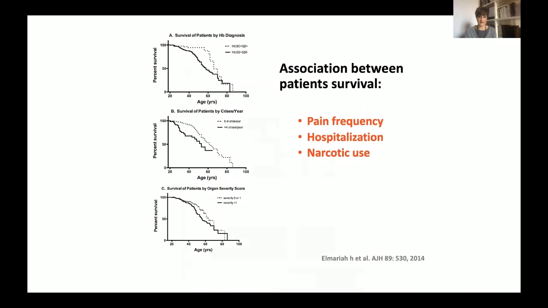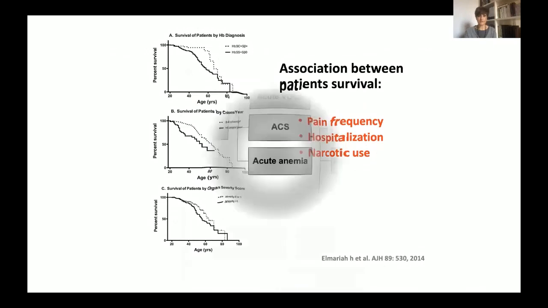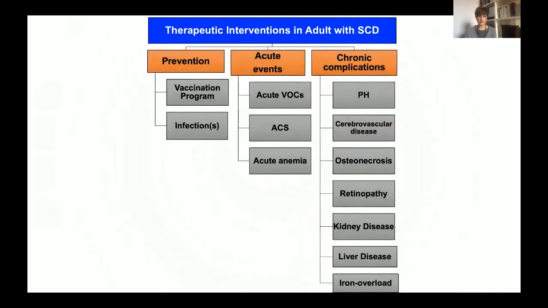present this profile. So when we look at the therapeutic interventions in adult patients with sickle cell disease, these are summarized in the present slide, and are mainly represented by 3 different actions. One is prevention, one is intensive treatment of acute events, and the other is treatment of chronic complications.